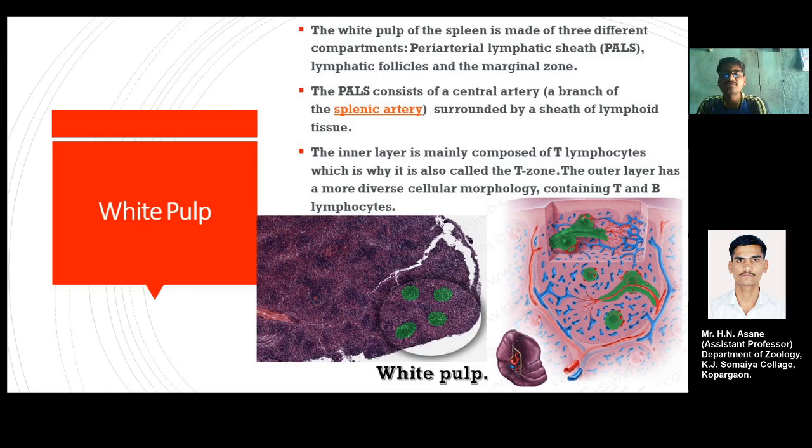These T and B lymphocytes are cells of the immune system, and they play a very important role in the human body.